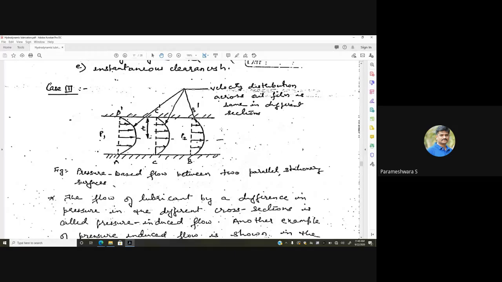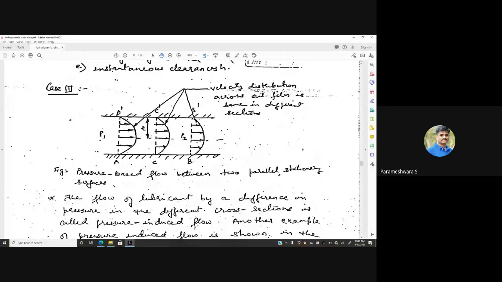In pressure-based flow, the flow of the lubricant by a difference in pressure in different cross sections is called pressure-induced flow. Another example is shown in the figure. Here the liquid flows between two parallel stationary plane surfaces with the pressure P1 in section AA1 and the pressure P2 in section BB1.